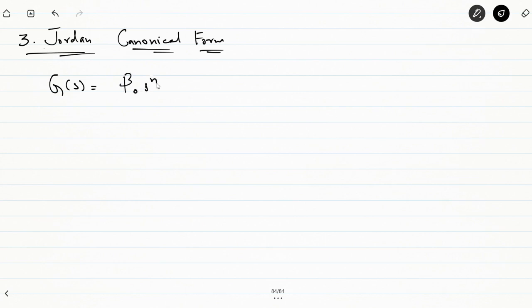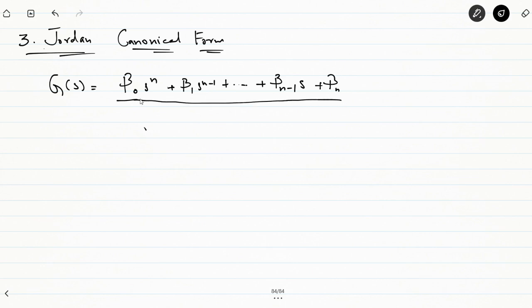So, again, assuming we have an nth order transfer function, beta naught s^n plus beta 1 s^(n-1), and so on up to beta n minus 1 s plus beta n, divided by s^n plus alpha 1 s^(n-1) plus alpha 2 s^(n-2) plus alpha n minus 1 s plus alpha n.